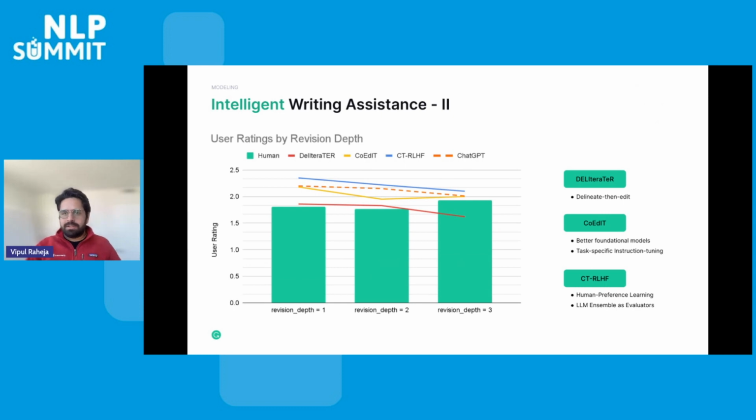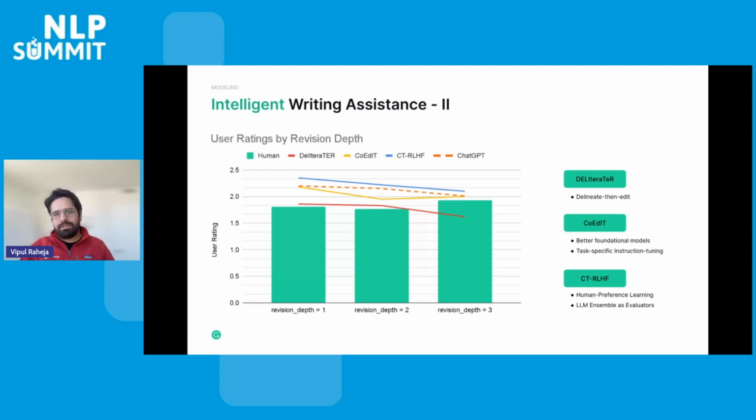Secondly, we also conducted qualitative human evaluations by asking qualified users to use our system for iterative revision using different models at the backend. We found that in terms of human evaluations, the ratings were in line with the automated metrics, where CTRLHF did better than Coedit, which did better than Deliterator.